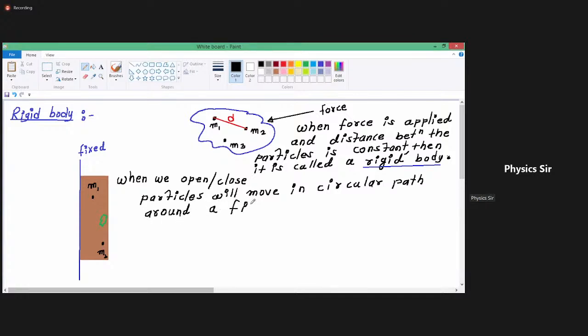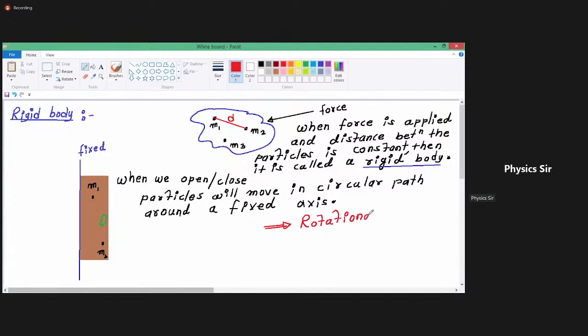Around a fixed line, or I can say around a fixed axis. बेटा जब भी कोई पार्टिकल है ना सर्कुलर पाथ में मूव करता है around a fixed axis, so this type of the motion we call as a rotational motion.